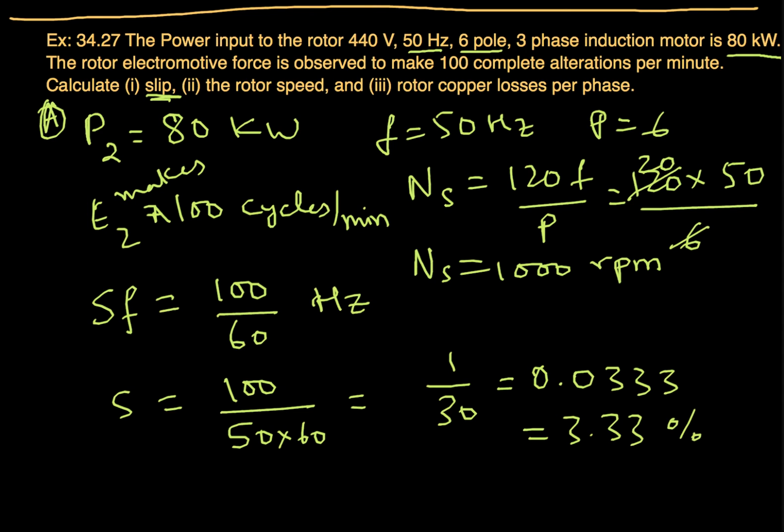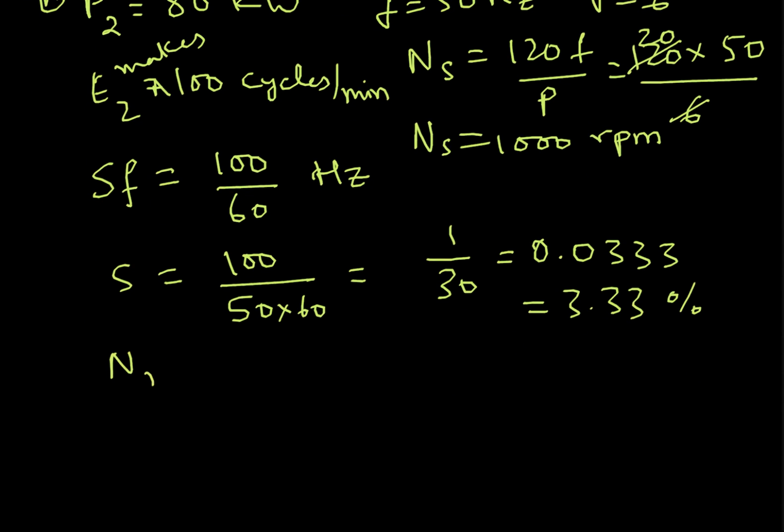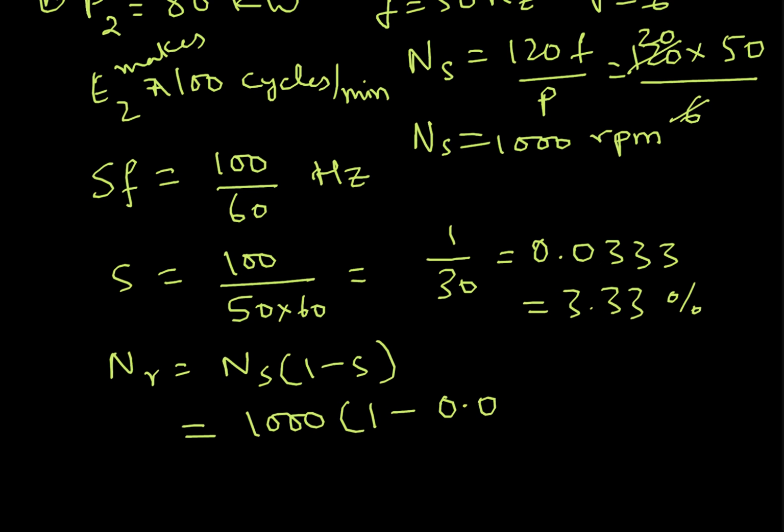What is the rotor speed? Rotor speed is straightforward now. NR equal to NS into 1 minus slip. So NS is 1000 into 1 minus 0.0333. How much will it be?